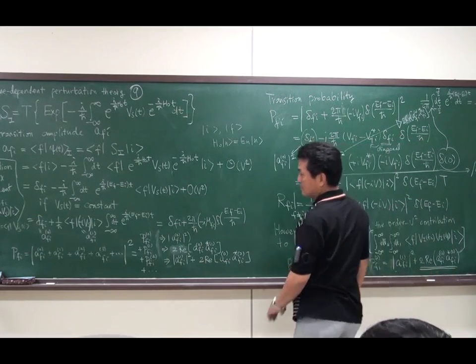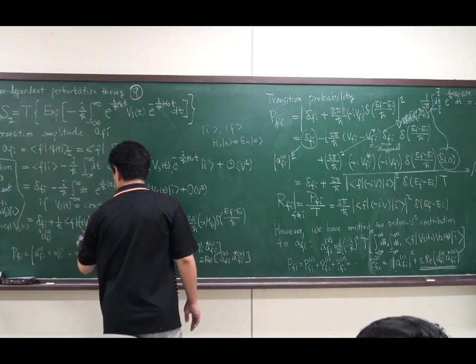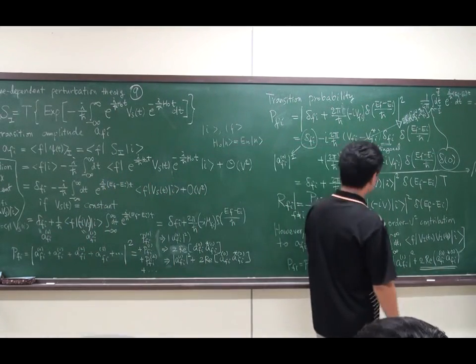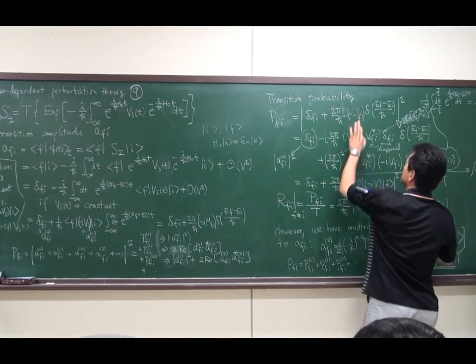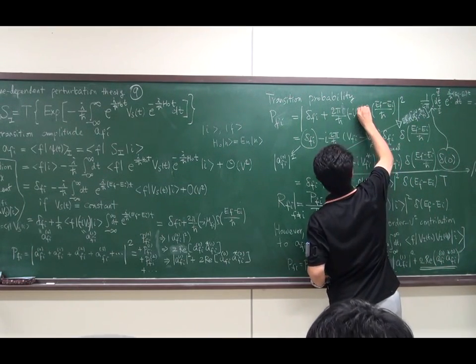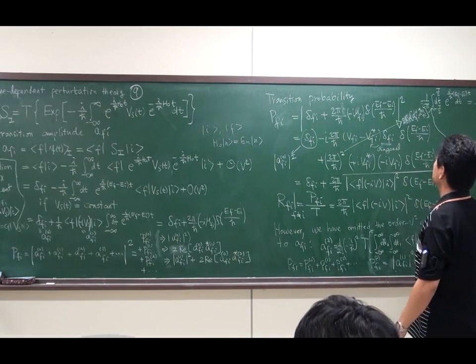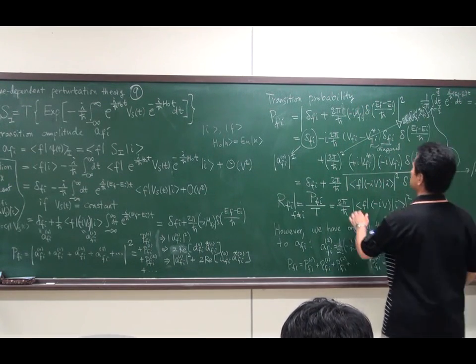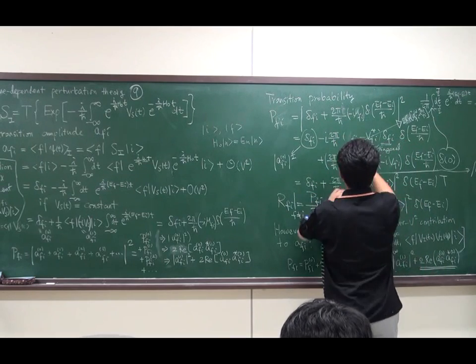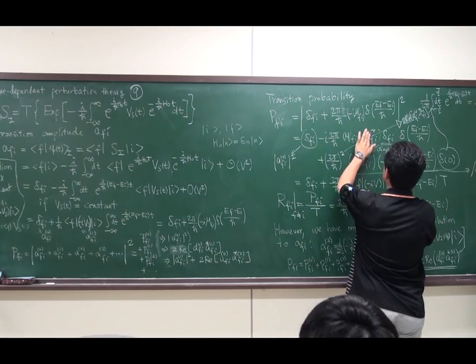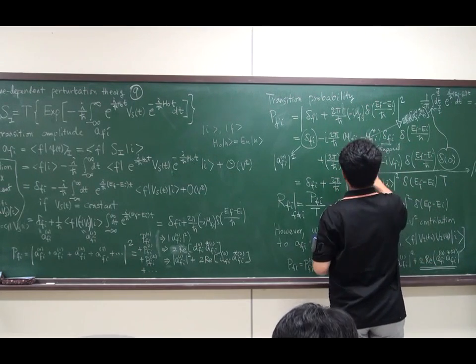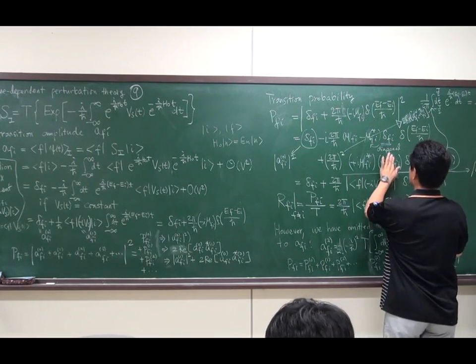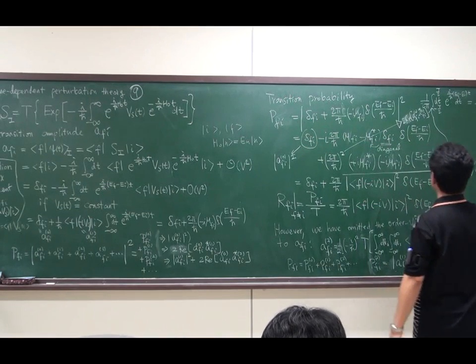So this is delta Fi, and this guy I have. Let us replace everything by the transition matrix element, and this is the transition matrix element M. Right?